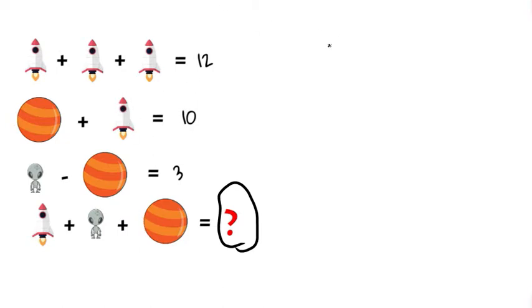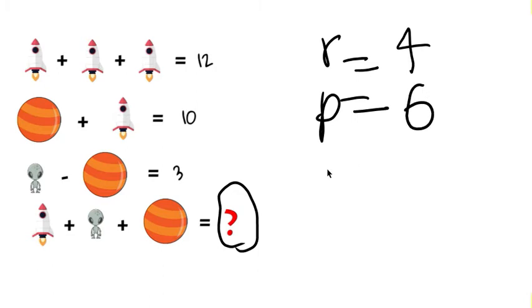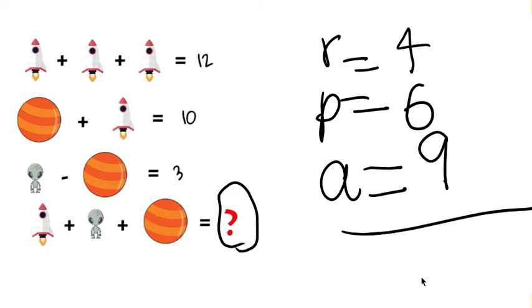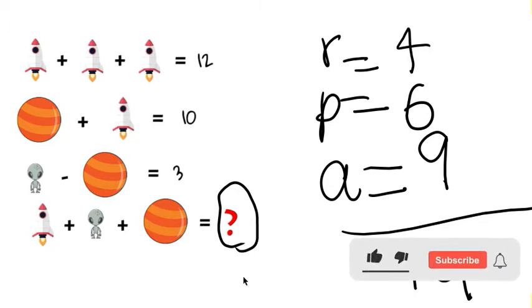So the rocket is equal to 4, P for planet is equal to 6, and the alien is equal to 9. So when we add all of them, we will get 19. And that's our answer for the question mark.